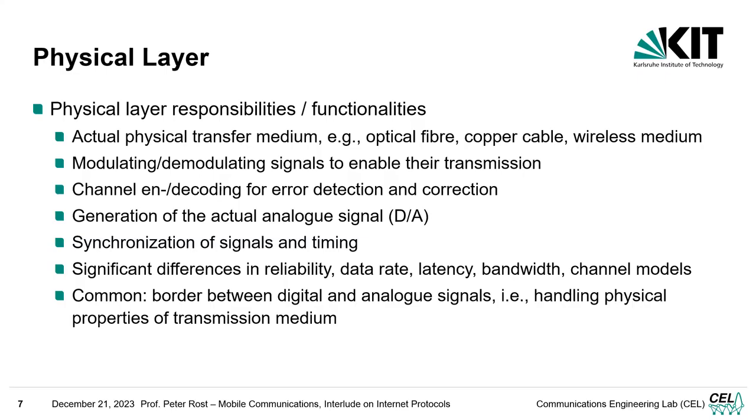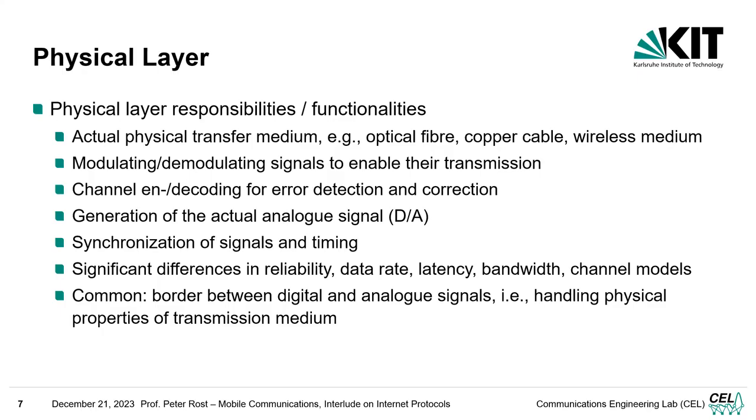It performs channel encoding and decoding for error detection and correction. Also part of the physical layer is the generation of the actual analog signal, so the digital to analog conversion. You perform synchronization of signals, which is very important in a network, so that everyone is operating on the same time scale, and that you synchronize the transmission of different signals.